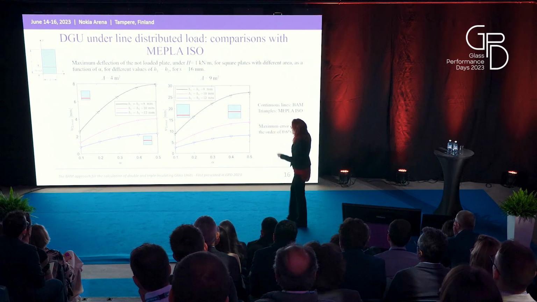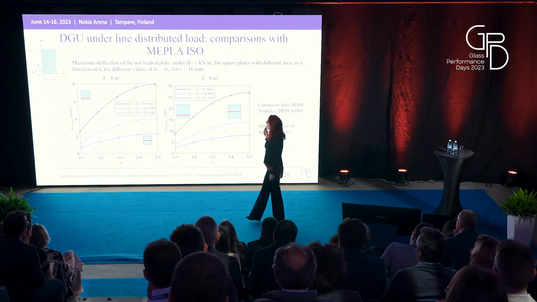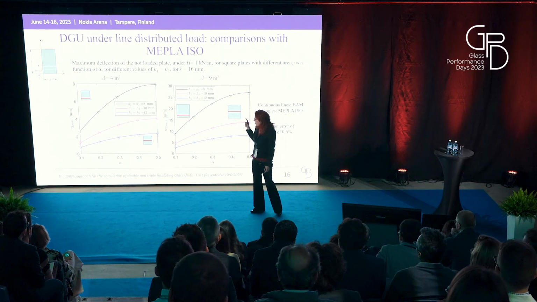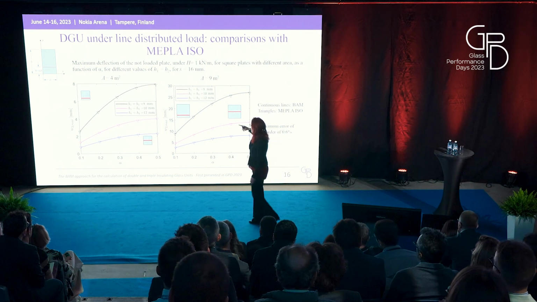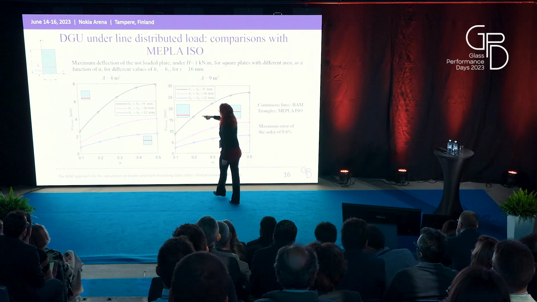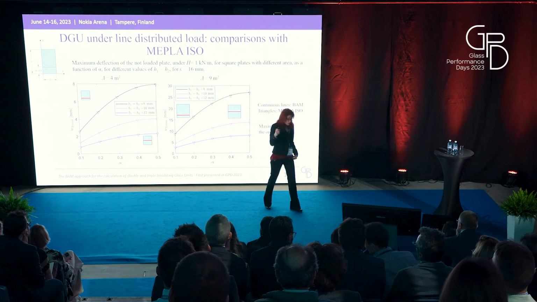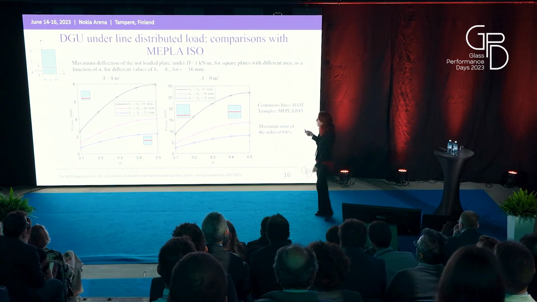Now, for the case of an IGU under a line distributed load, these two graphs consider square plates with variable position of the load. The graph on the left refers to a plate with an area of 4 square meters, and that on the right to 9 square meters.